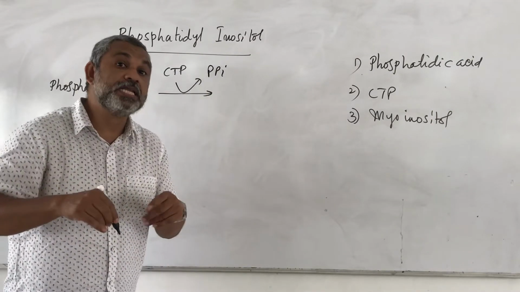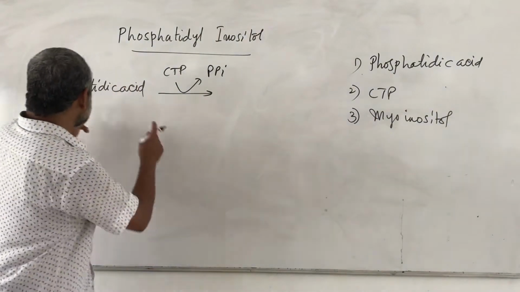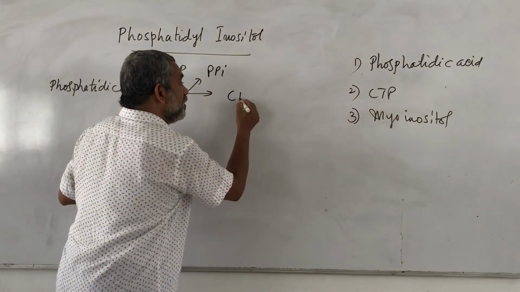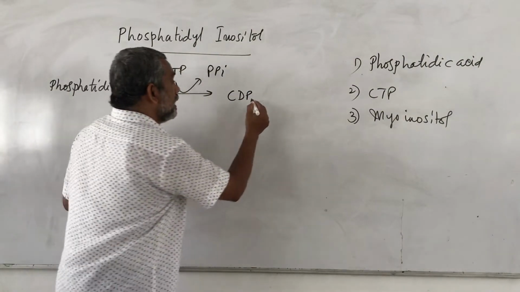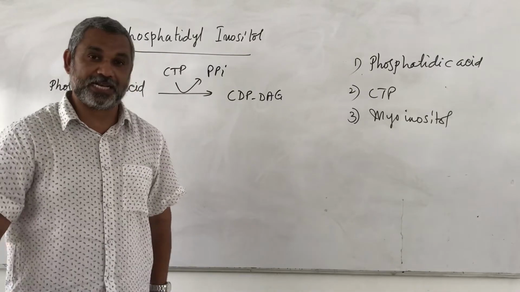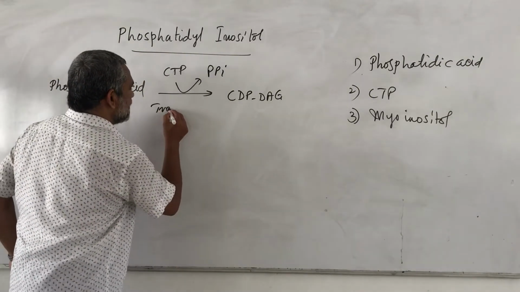What is left behind is CMP from CTP. That CMP is added to phosphatidic acid. So therefore, you will get CDP diacylglycerol. This is catalyzed by a transferase enzyme.